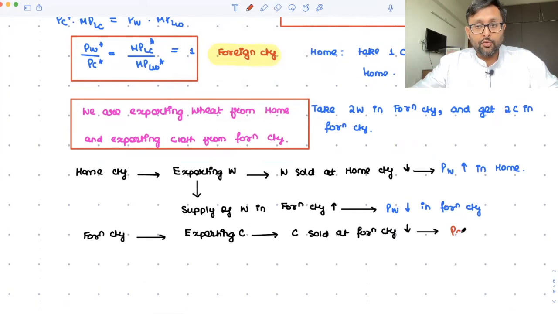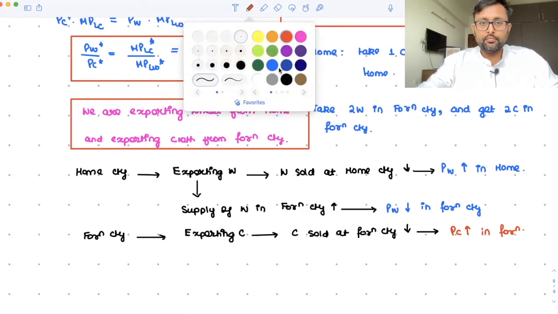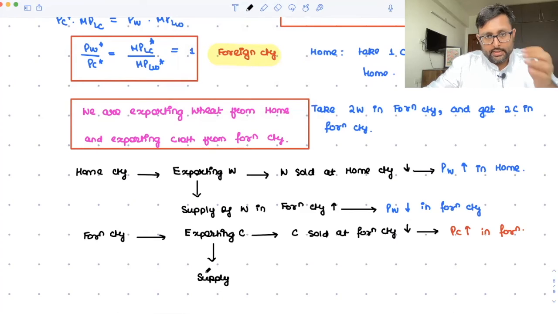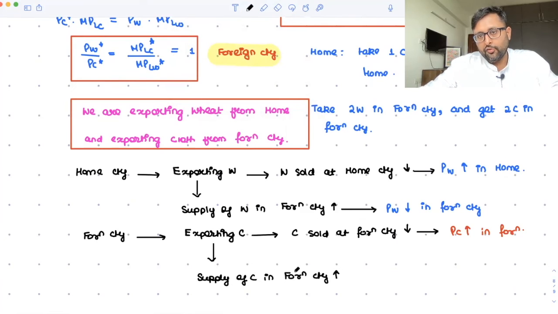So the price of cloth is going to increase in foreign. But the moment foreign country is exporting cloth, the supply of cloth in the home country increases.